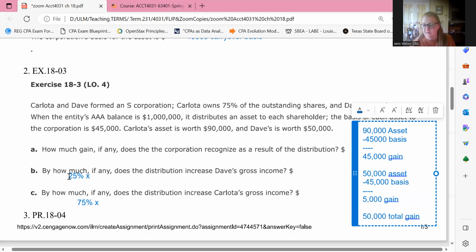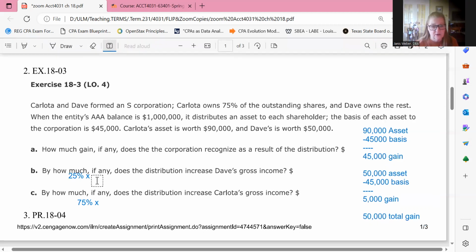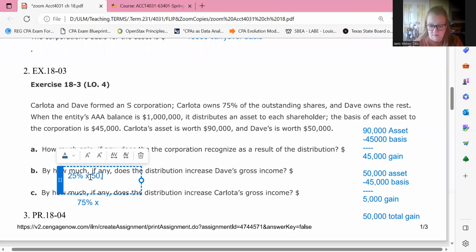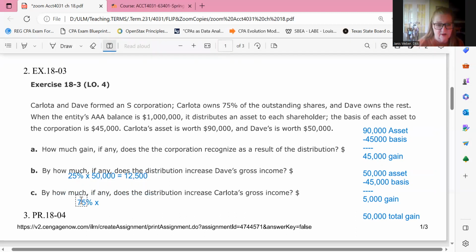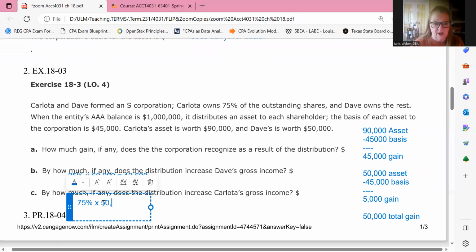And then they're going to take that 50,000 and multiply it times 25% for Dave, to come up with 12,500. That's the answer they want for B. And then 75% for Carlotta times the $50,000 gain.